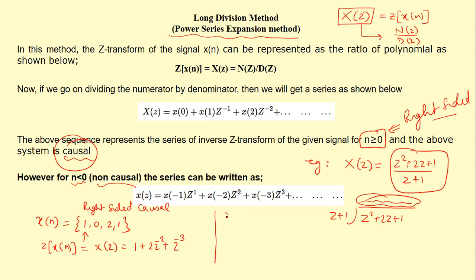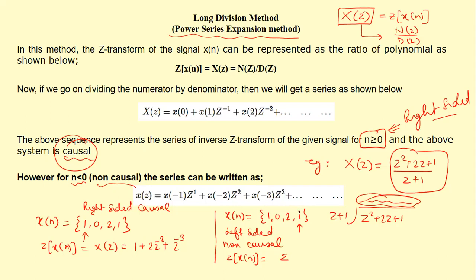Similarly, if the same sequence is a non-causal sequence, say 1, 0, 2, 1, so this is left-sided, non-causal. The Z transform of this would be a summation with n from minus 4 to minus 1.